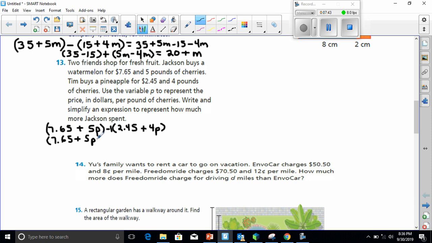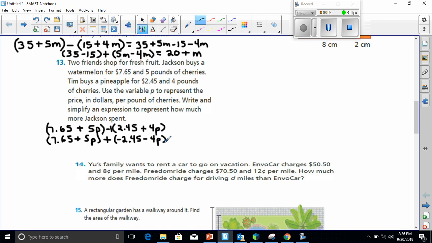That doesn't change. And now we're going to subtract. Well, -1 times 2.45 is negative, so we're adding negative 2.45. And then -1 times 4p, well, that's going to be -4p.